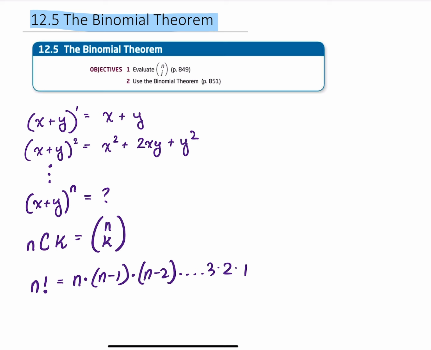For example, 9 factorial is 9 times 8 times 7 times 6 times 5 times 4 times 3 times 2 times 1. So let's keep this in mind, and then we'll first explore this choose operation, and then we'll be able to build our equation for any power of a binomial.